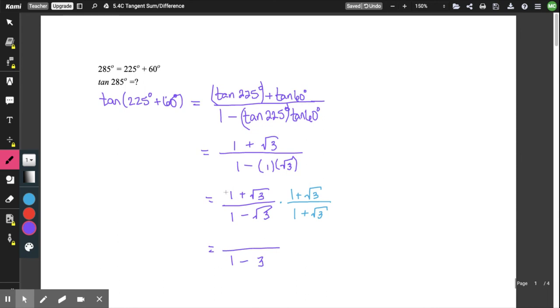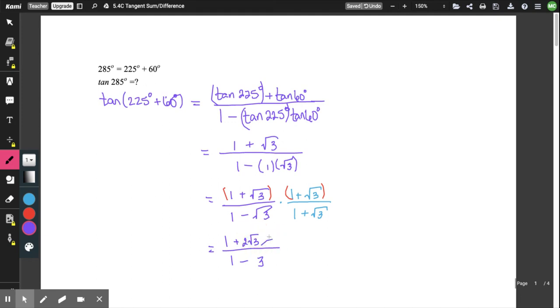Now in the numerator, we also have to multiply them together, and it is 2 terms times 2 terms, so we're going to have to distribute or FOIL, whatever you want to call it. So that would be 1 times 1 is 1, then your outside product is root 3, and your inside product is also root 3. So when you add those together, you would get 2 root 3.